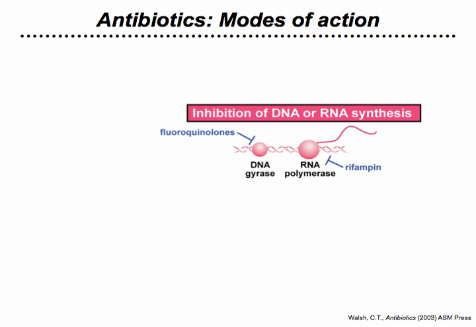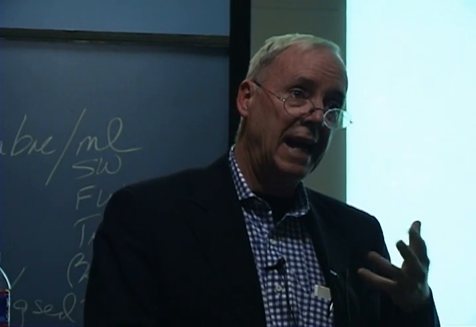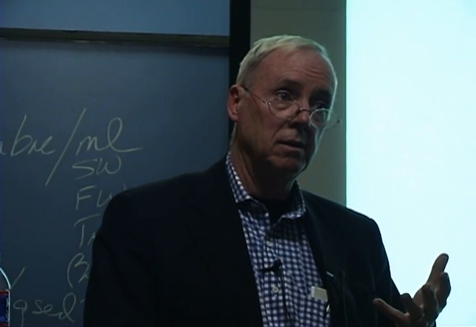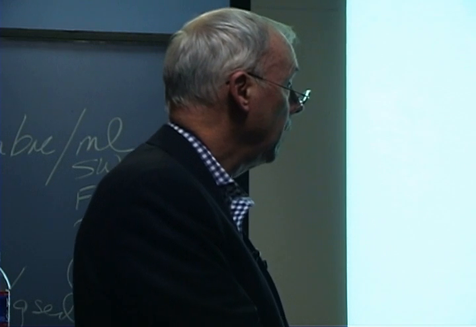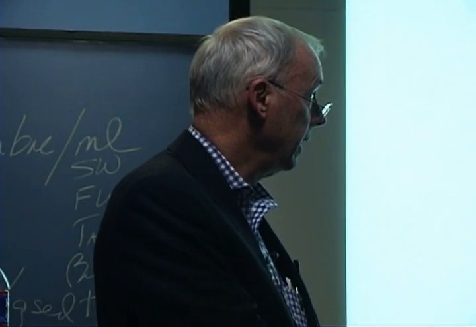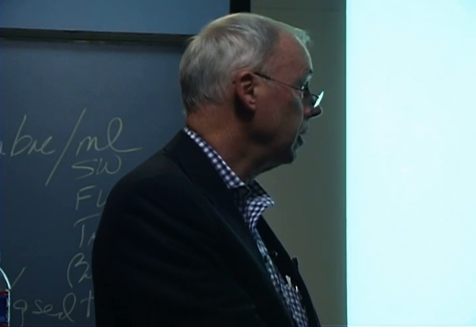Of course, if one could block the replication of DNA or its transcription into RNA, that is, block information flow selectively in bacteria, you should have antibiotics, and that's where ciprofloxacin, the anthrax drug, works. And one of the mainstays of anti-tuberculosis therapy is a molecule called rifampin, which blocks the transcription of RNA.